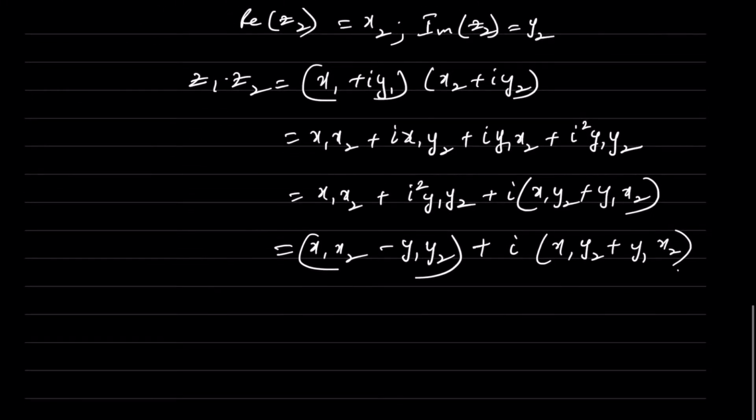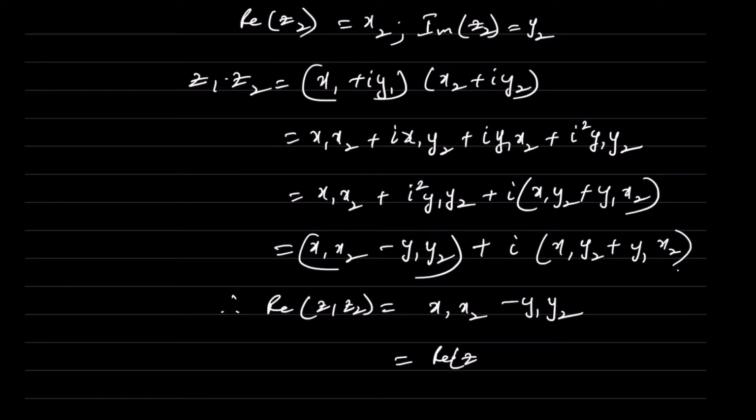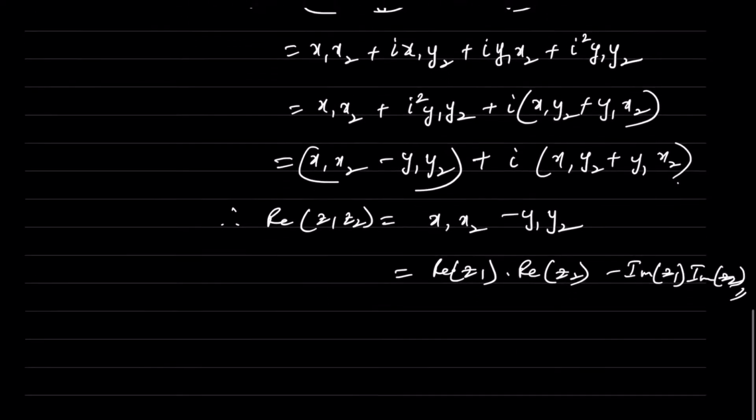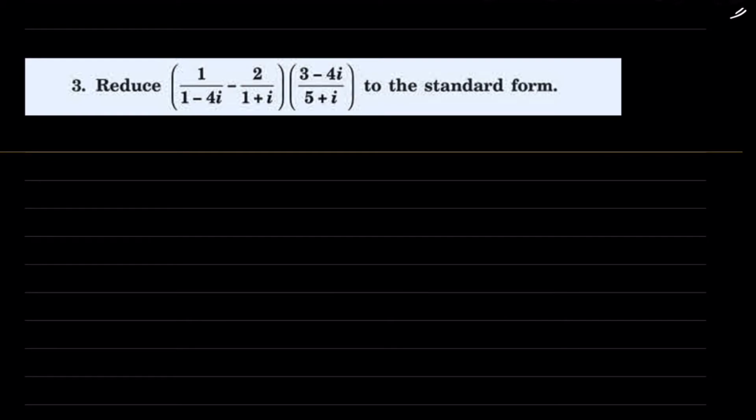Therefore, real of z1 z2 is equal to x1 x2 minus y1 y2, which implies that it is equal to real of z1 into real of z2 minus imaginary of z1 into imaginary of z2. This is the answer.